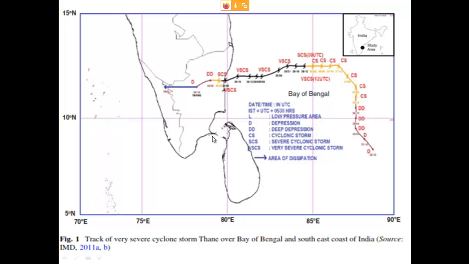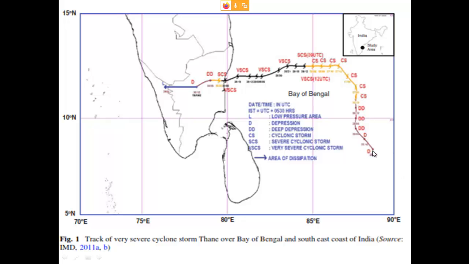so this is the map which we are going to see. Somewhere here the depression has started, and this depression starts moving. When a depression becomes a deep depression, then it becomes a cyclone storm. It gains the required speed.